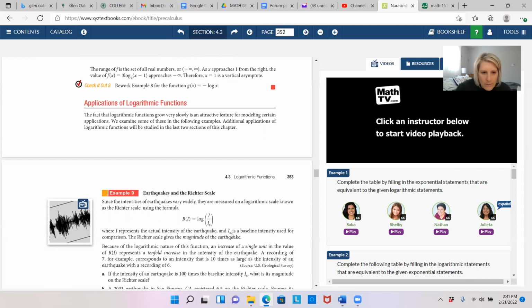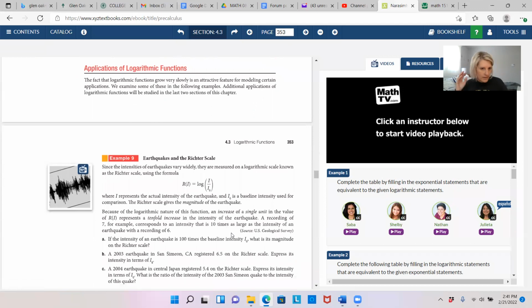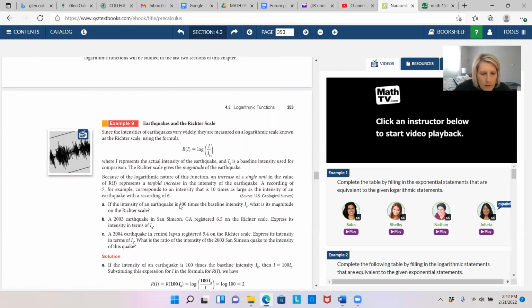So that you can always be comparing, whenever they say it's a recording of a 7 on the Richter scale, they know what that ratio is. Okay. So for example, it says a recording of 7 corresponds to an intensity that is 10 times as large as the intensity of an earthquake with a recording of 6.